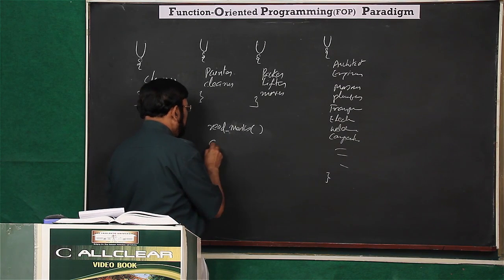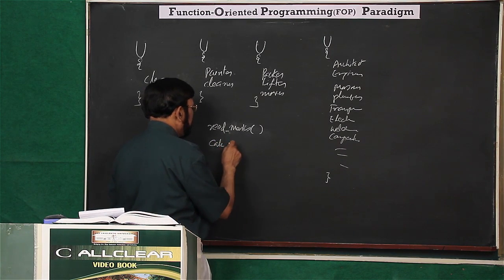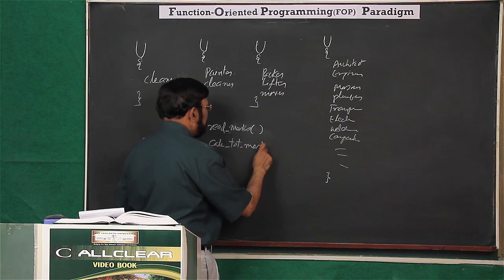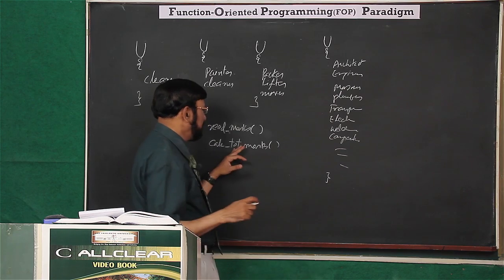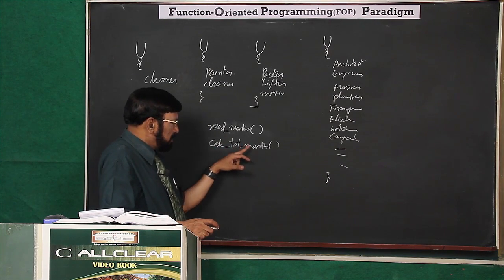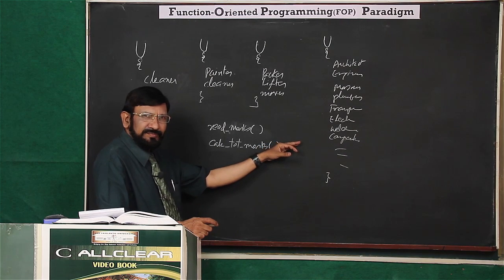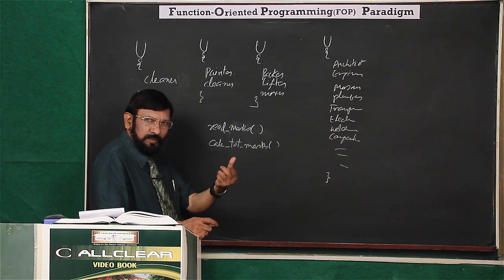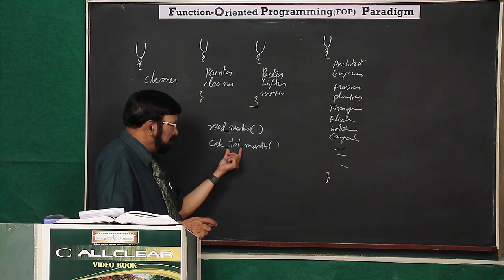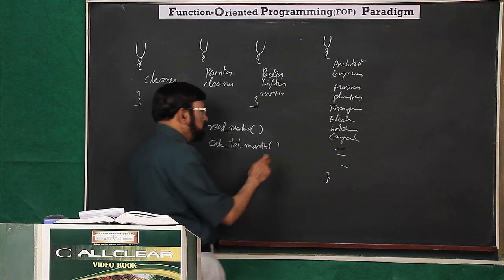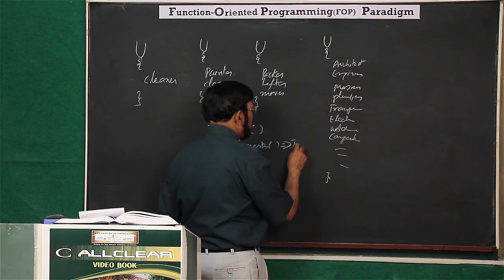And calculate total marks. What is the job of this function? It takes the marks as input and finds the total marks and returns it. Its input is a set of marks, and it finds the total and outputs the total marks.